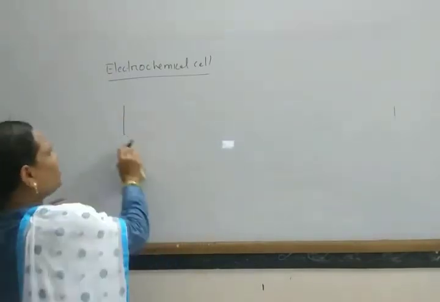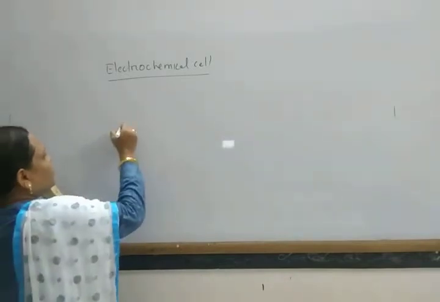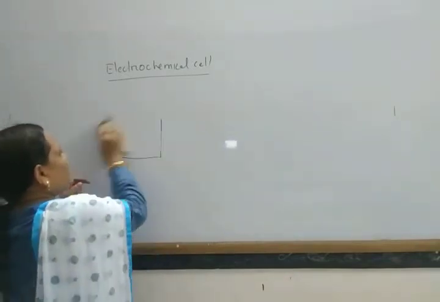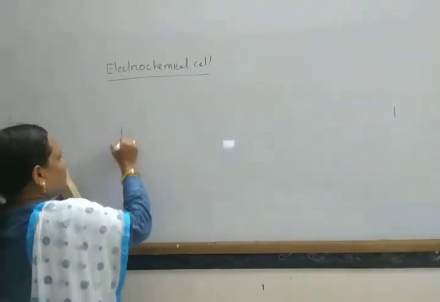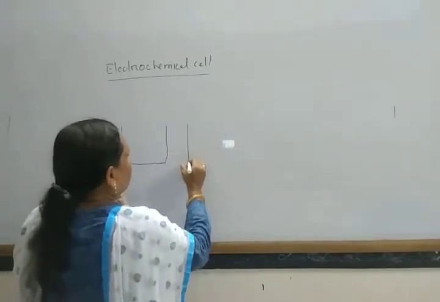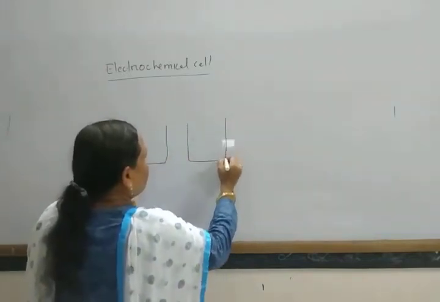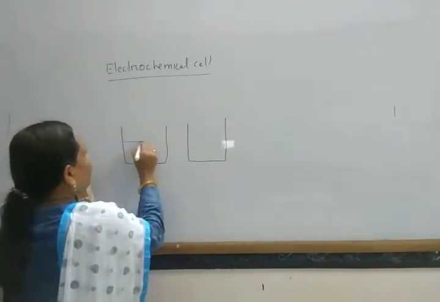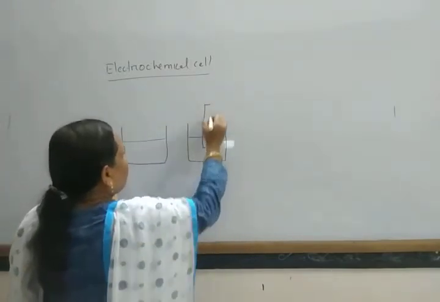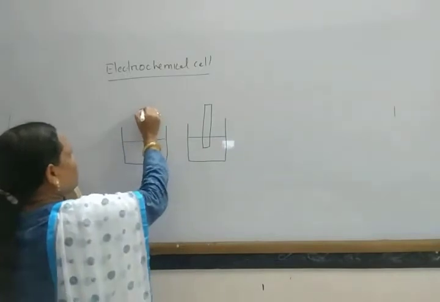It consists of two compartments called half cells, and two different electrolytes and two different electrodes are taken here.